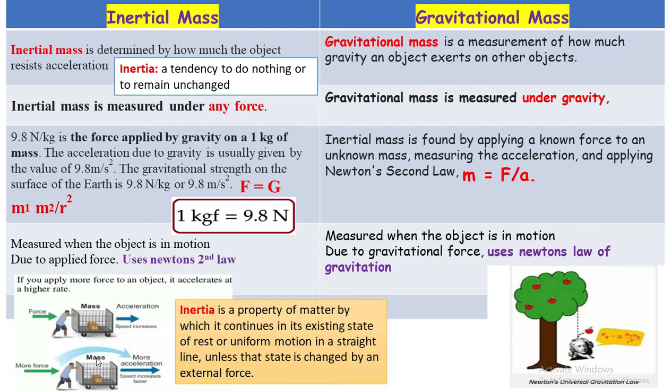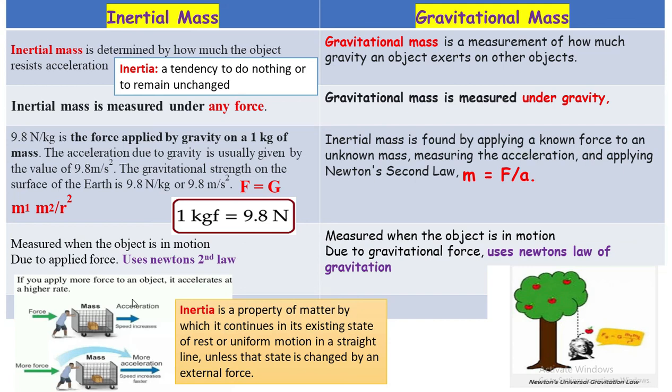Now we will see gravitational mass. Gravitational mass is a measurement of how much gravity an object exerts on other objects. So gravitational mass is measured under gravity. The inertial mass is found by applying a known force to an unknown mass.